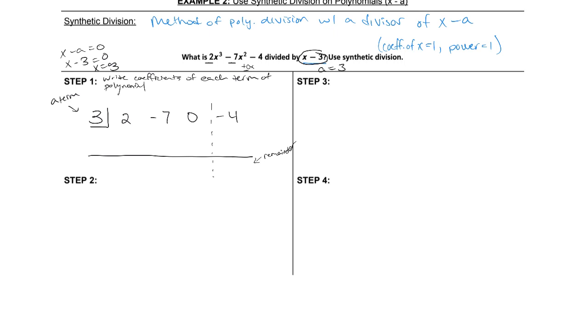Now, step 2 is we're going to bring down the first coefficient.